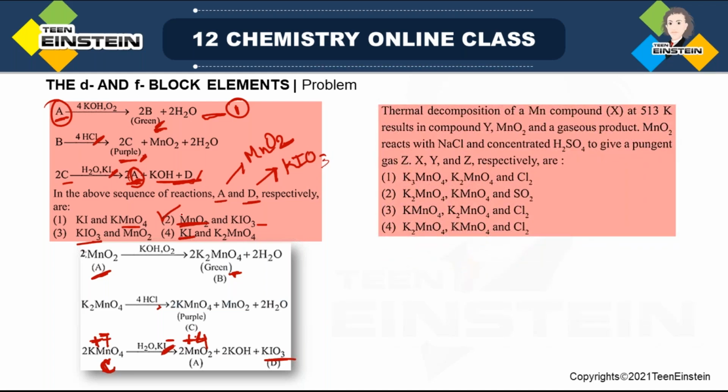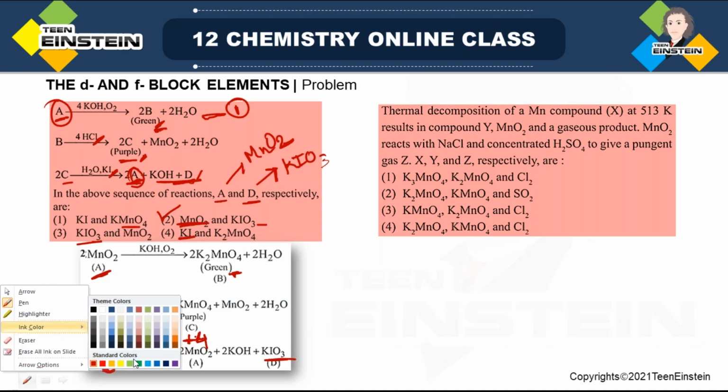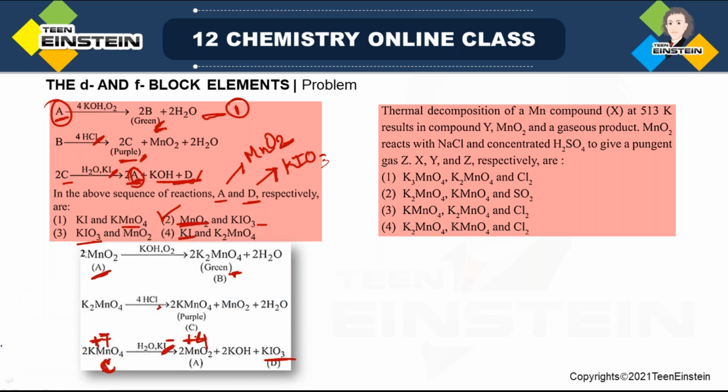Next question is also related to this reagent. Thermal decomposition. Let me change the color. Thermal decomposition of a Mn compound, that means a manganese compound, which is denoted as X, at 513 Kelvin. So temperature is given in Kelvin, and this is simple thermal decomposition. We are not using any reagent. You are simply heating the manganese compound X. We do not know what X is.